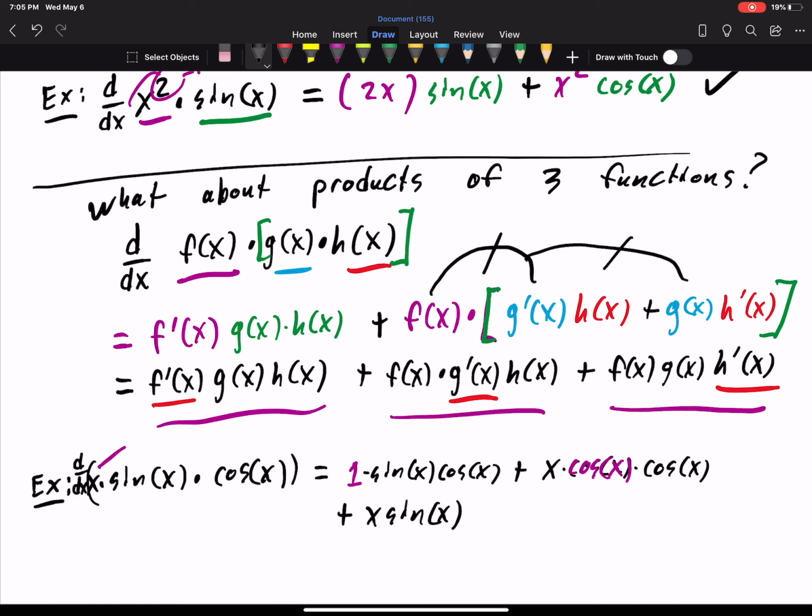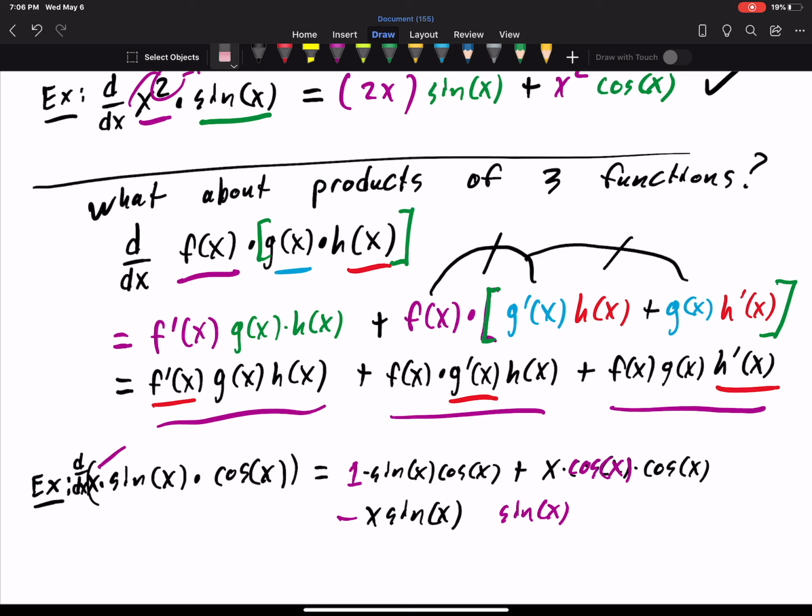Hopefully you remember that. That's just going to be minus sine of x. Okay? And then that's how this works out. If you wanted to simplify this, you definitely could. You can bring this negative out in front. So you have that. And then you don't need this parentheses anymore. Okay? So that's how that works out.